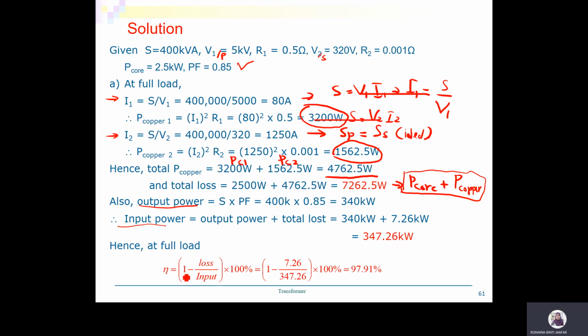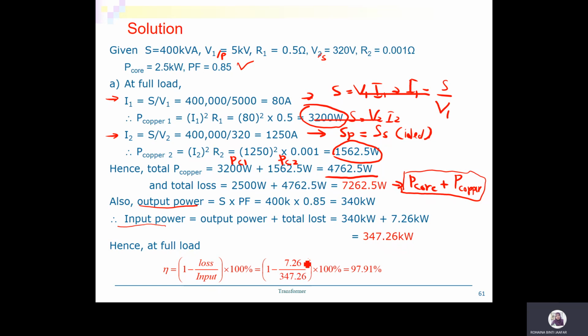And then to get the efficiency, you use this formula. Efficiency equals 1 minus losses over input times 100%. So 1 minus, your losses is 7.26 over your input power, 347.26 kilowatt.